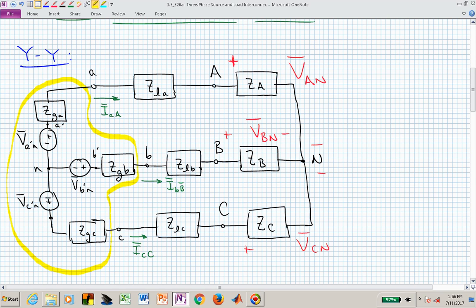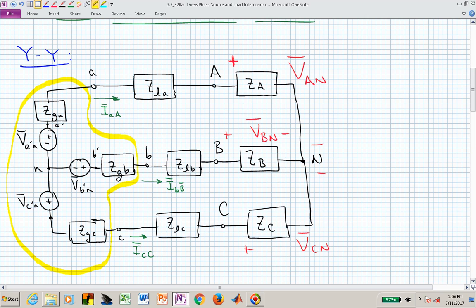The A phase transmission line is capital Z sub lowercase l A. And we have then the loads, A, B, and C phases, with the Y configuration or Y wiring at the load. So this is our YY configuration, and I've labeled some currents in blue, in green, and some voltages in red.